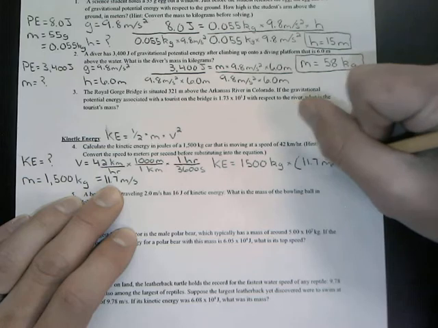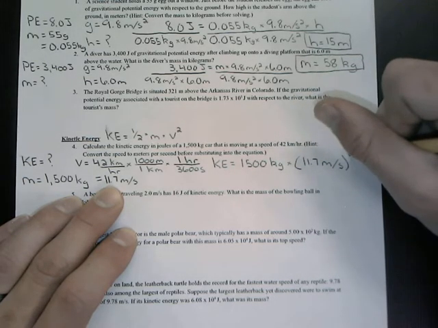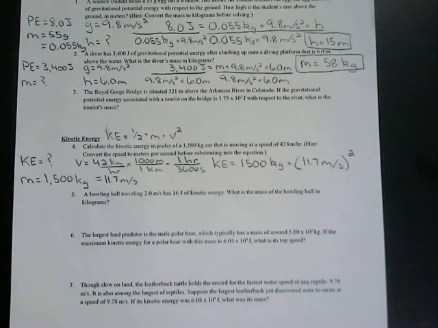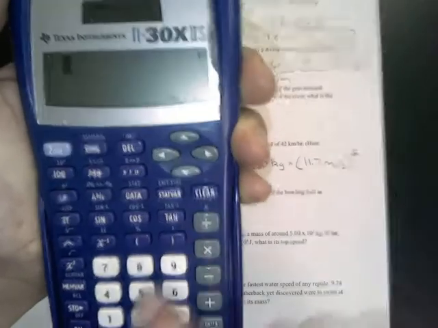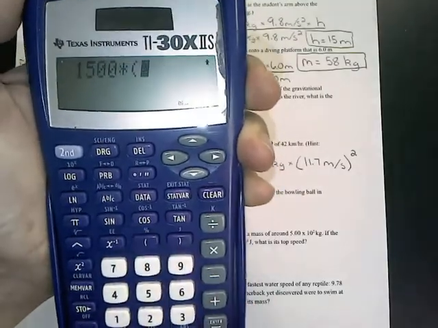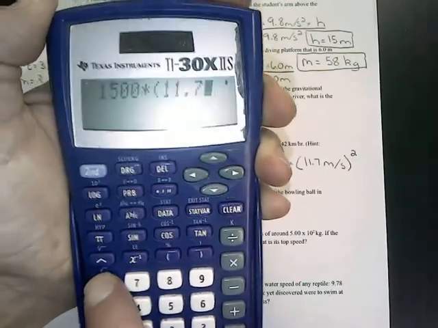So 11.7 meters per second, and this needs to get squared. Okay, so what I do in my calculator, and this is really important here, I take 1,500 times, put a set of parentheses, make your life easy there, and then I'm going to square 11.7.